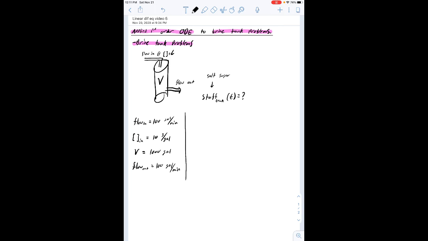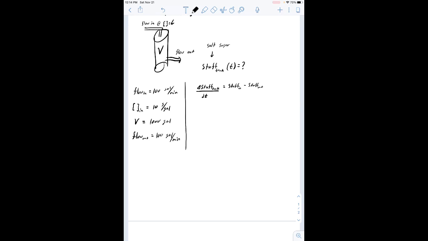So we first say, my change of stuff in my tank, in a really small amount of time dt, is going to be equal to the amount of stuff coming in minus the amount of stuff going out.